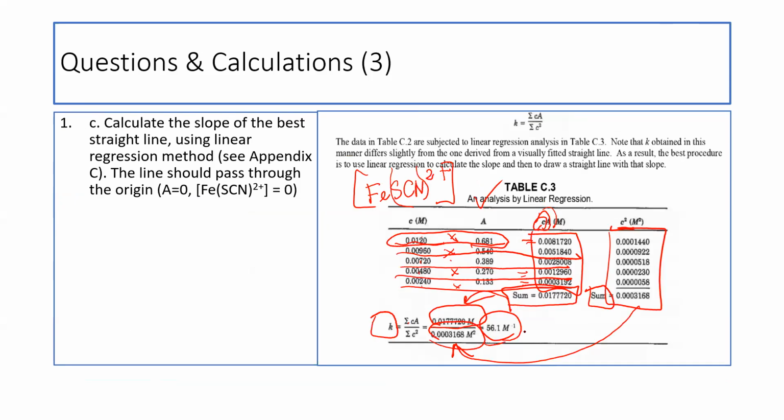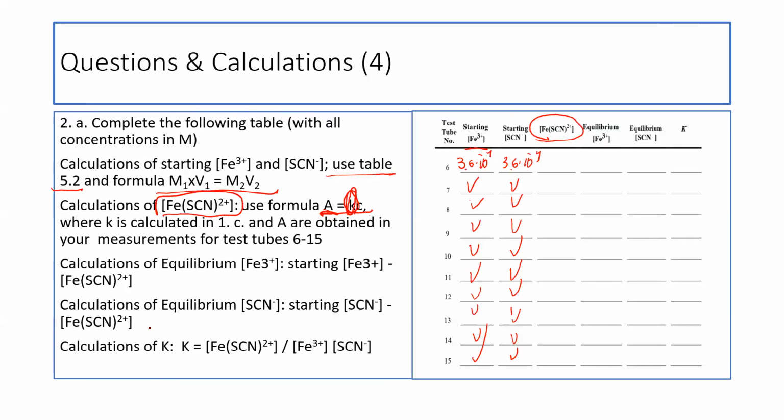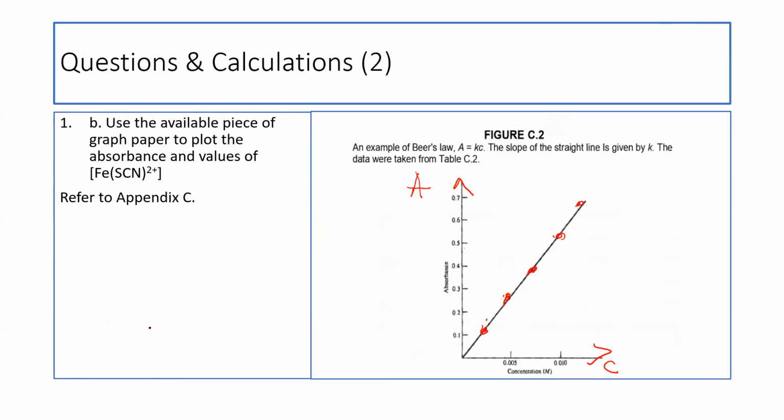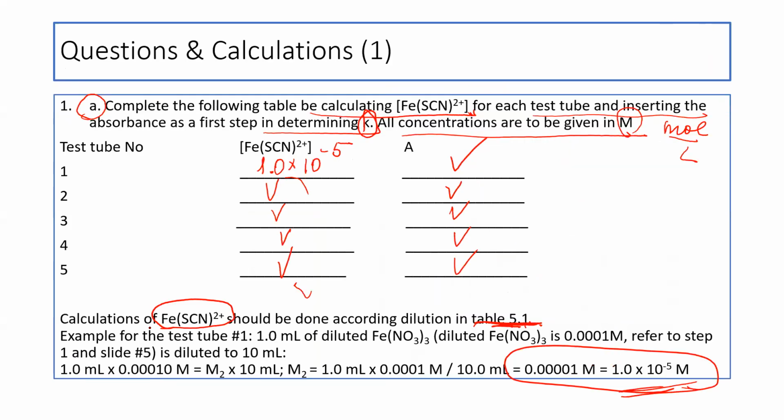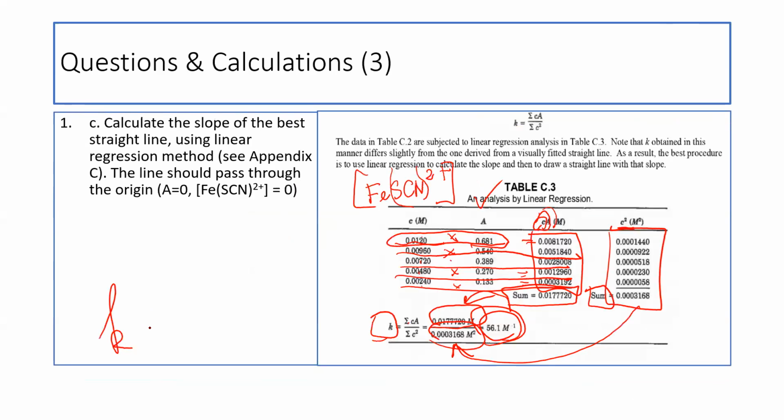It should be here. k is known. You have already done it. A actually is known too because A will be measured. You will record these values. I'm not giving you this table in these slides, but you will have your values of A.